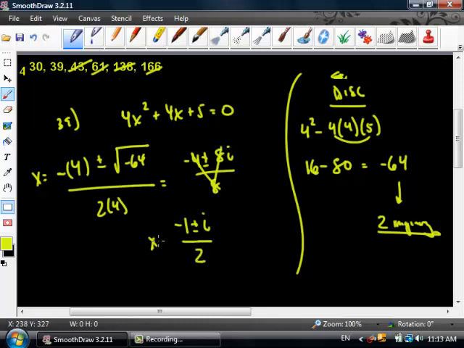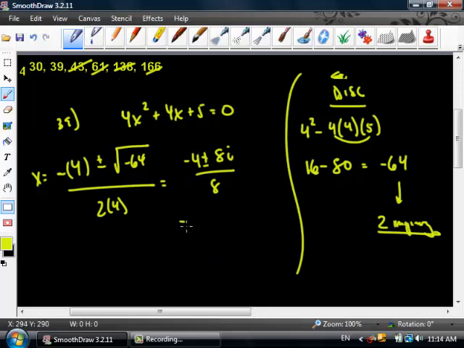Isn't it 2i? I'm sorry, thank you. No, I'm dividing by 4. Because I can't divide by 8 because, let me back this thing up here. I'm dividing by 4 because 4 is the smallest number that I have.